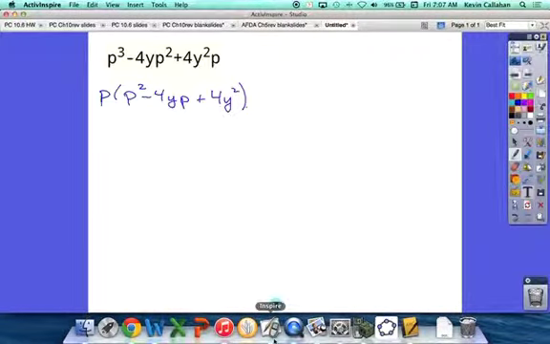It's always a little more confusing when you see a quadratic expression like that and you have two different variables. Now, if I gave you something like x squared minus 4x plus 4, and there was only one variable, you would say, what are the factors of positive 4 that add up to negative 4?